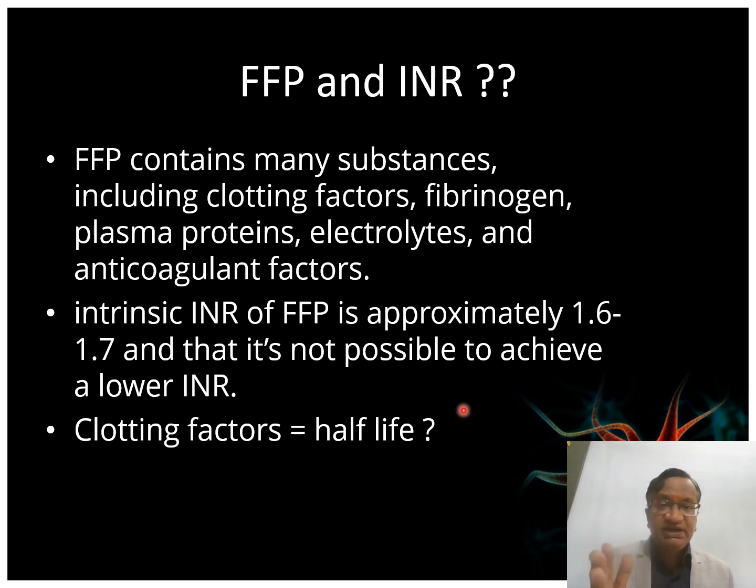That is one problem. With an INR of 3 or 4, if you give FFP, then it will come down. If you have an INR of only 1.6 and you give FFP, it may not be useful.